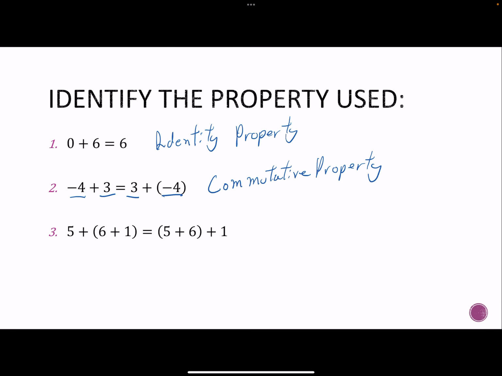And for example 3, if I have 5 plus 6 grouped together plus 1, and 5 plus 6 plus 1 grouped together, that's going to give me the same sum, and that's the associative property.